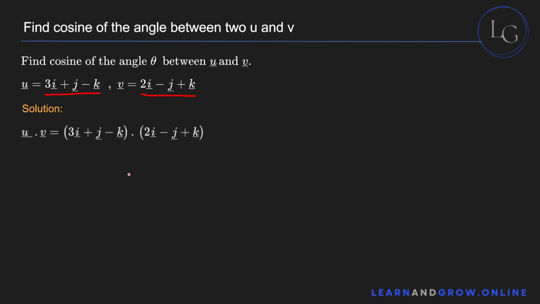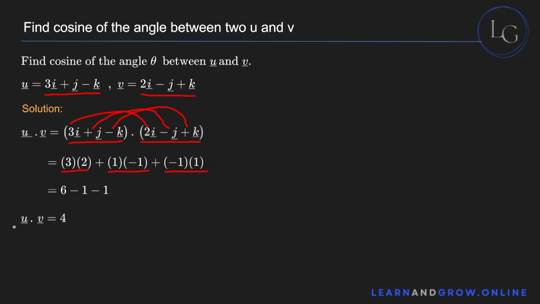So first we find u dot v, which is basically just 3 into 2 plus 1 into minus 1, plus minus 1 into plus 1. So 3 into 2 plus 1 into minus 1 plus minus 1 into 1, and that gives you 4.